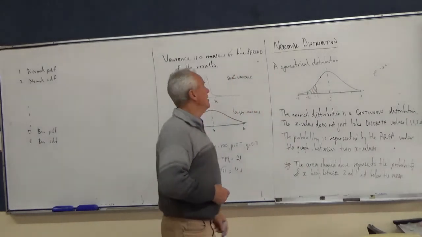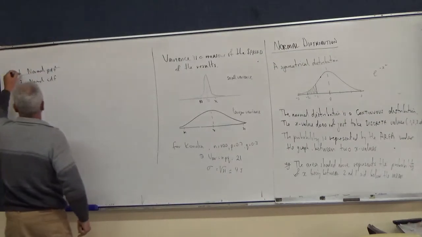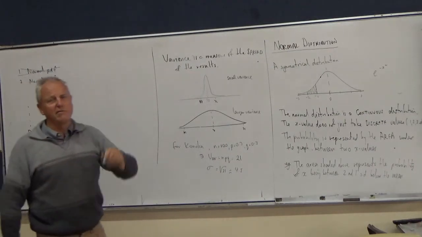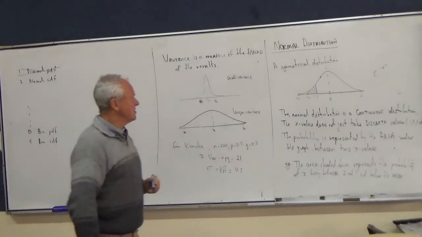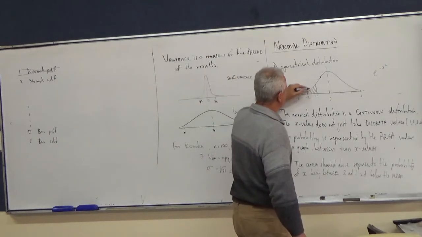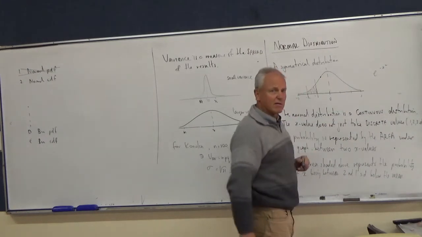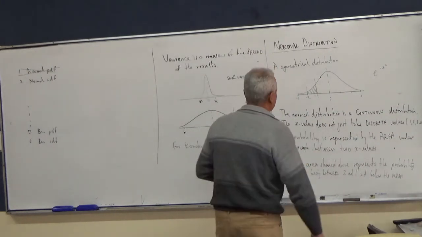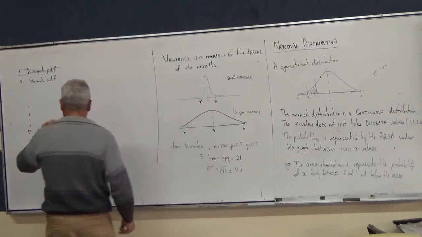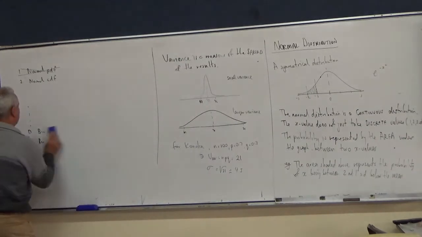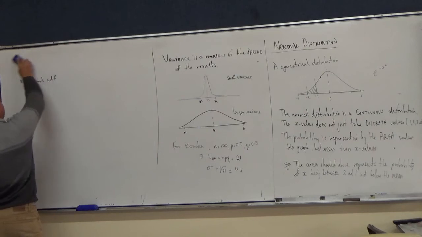You don't want that. You are never going to use the normal PDF. But the CDF gives you from here to here, or from here to here, and whatever. Okay? So in order to find this, we're going to use the normal CDF.